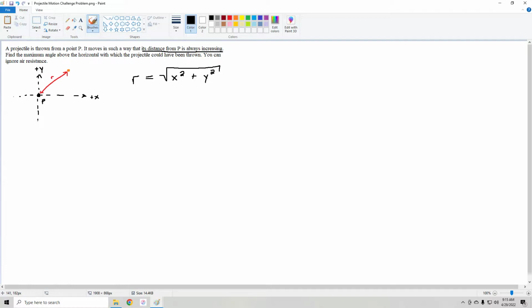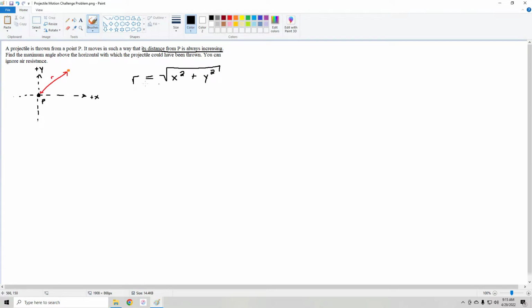So when it comes to rate of change, that typically means that we're taking a derivative. And since this projectile is moving around in time, it means we'll be taking a derivative with respect to time.